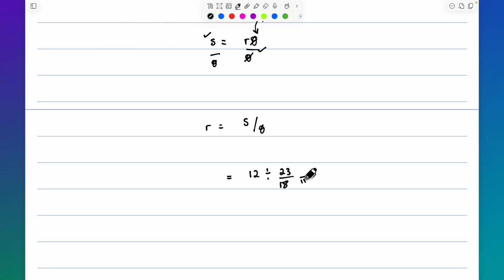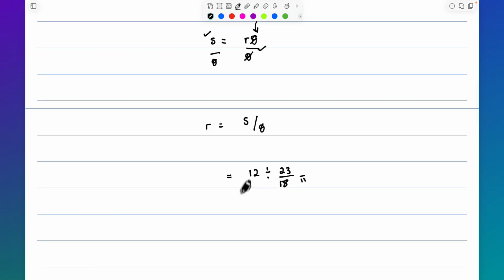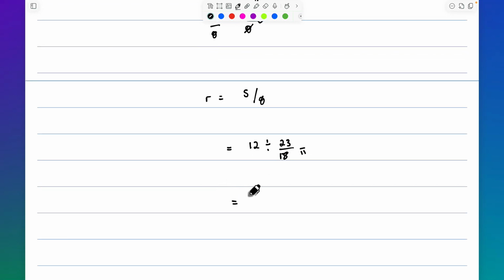All right, so if you put that into your calculator, 12 divided by our previous answer, the answer for the radius is going to be... If they say exact value, what you do is you're going to say 12 divided by 23 pi over 18.